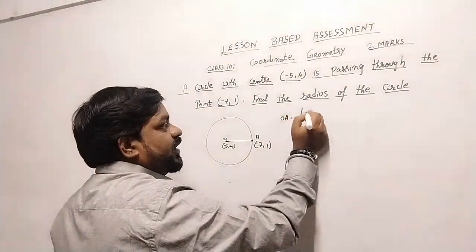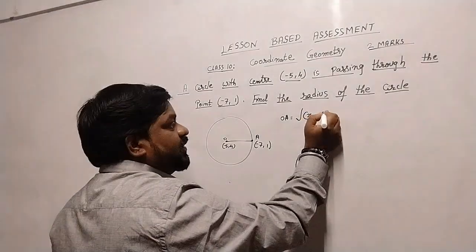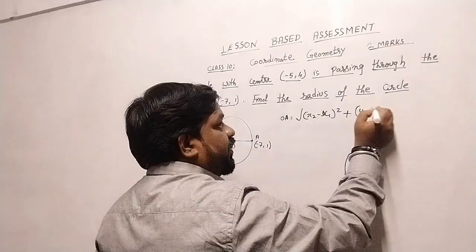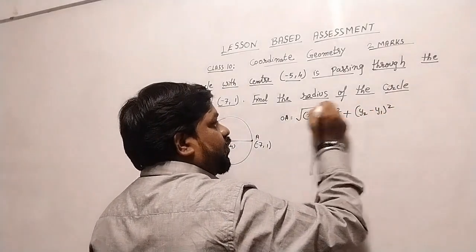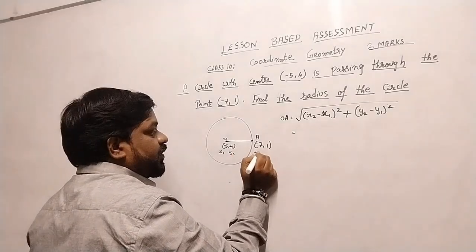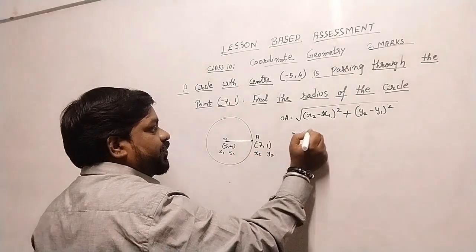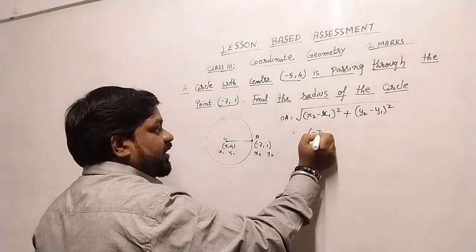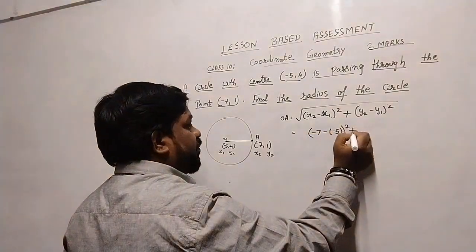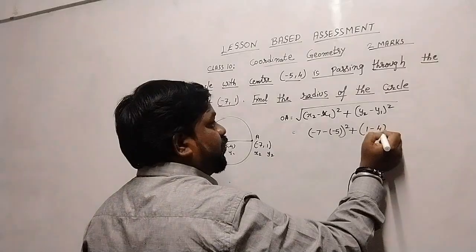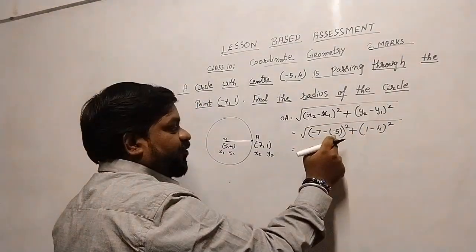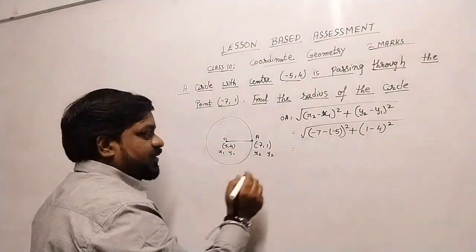Distance OA can be written as the square root of x2 minus x1 whole square plus y2 minus y1 whole square. Putting the values of x1 y1, x2 y2, we can write it as minus 7 minus of minus 5 the whole square plus 1 minus 4 whole square. Minus of minus will become plus.